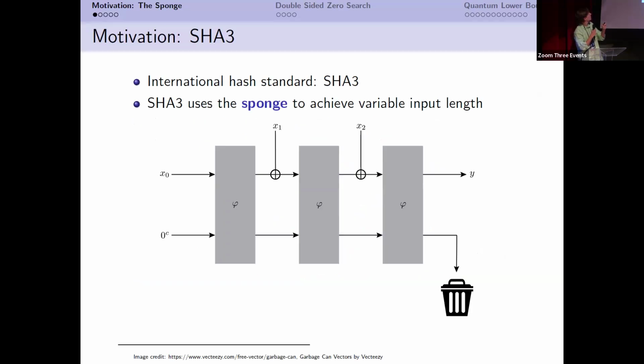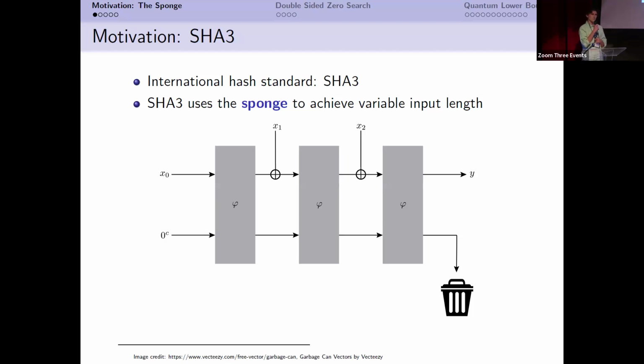Okay, so just some motivation for the constructions I'll talk about. The hash standard is SHA-3 right now, and inside of SHA-3 lives something called the sponge. The sponge is a generic construction for taking some object that has a fixed input length and a fixed output length and producing a function that has a variable input length and maybe even a variable output length.